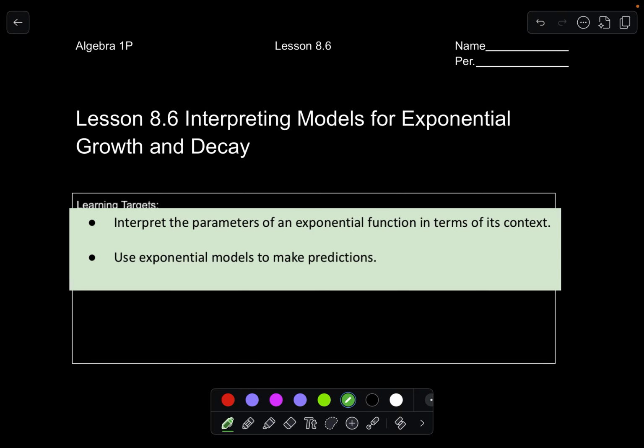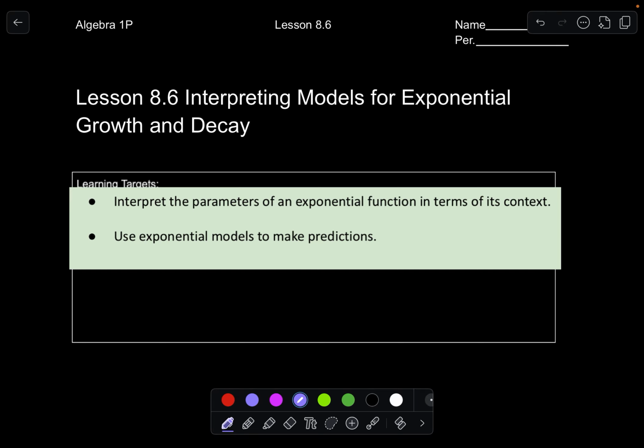There are only two learning targets for this lesson. The first learning target is how to interpret the parameters of an exponential function in terms of its context. In other words, we're going to read a problem, and from that statement we will figure out what the initial amount is and how to calculate the common ratio, what we're multiplying by.